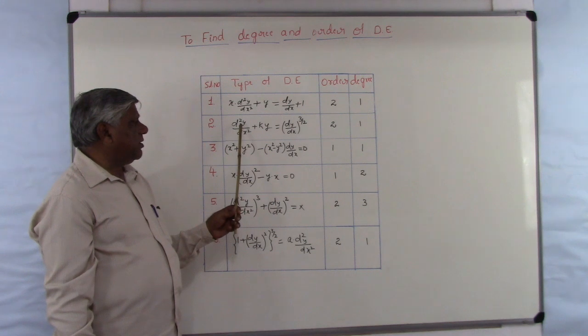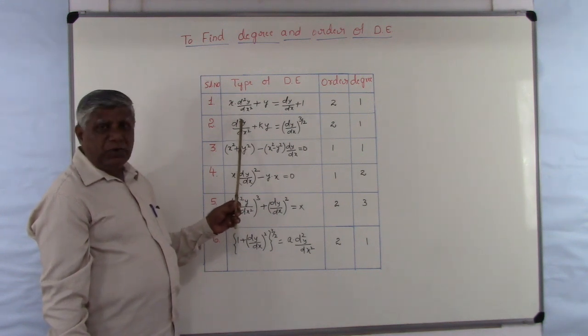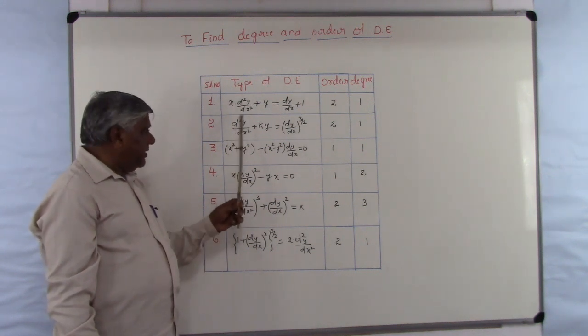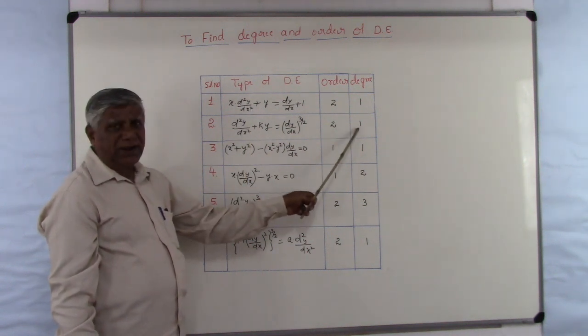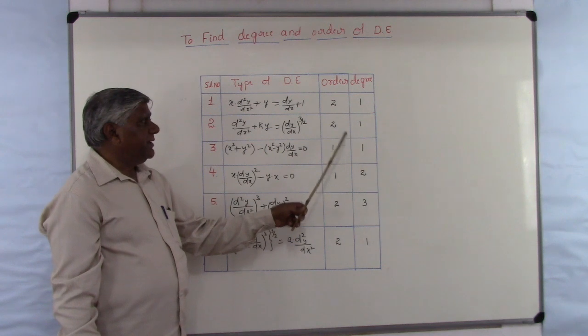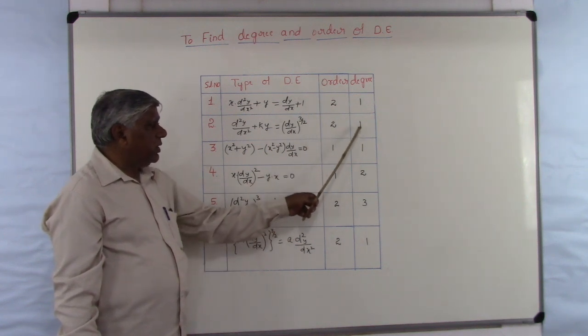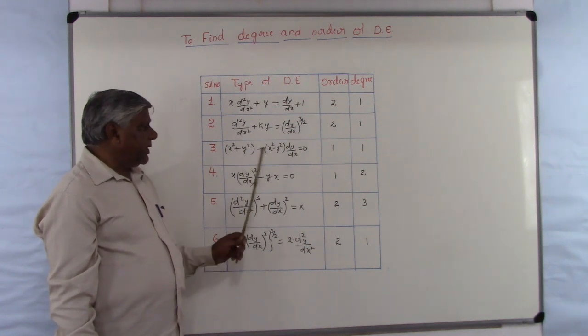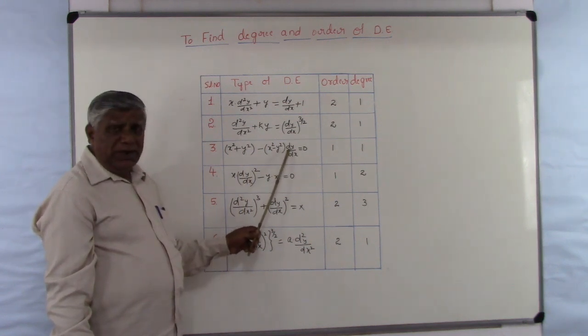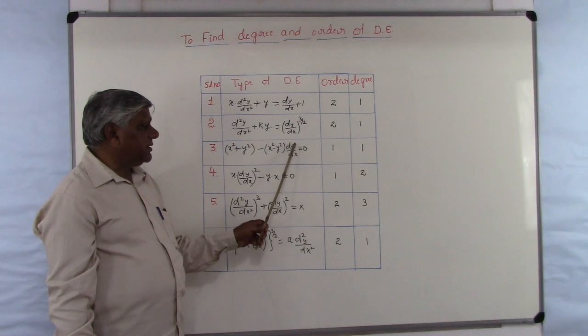Similarly, in the second case also, the order is 2. The power raised to the highest derivative is 1. Therefore, order is 2 and degree is 1 for the second problem. Third problem. Here, only one derivative. You can see dy by dx here.